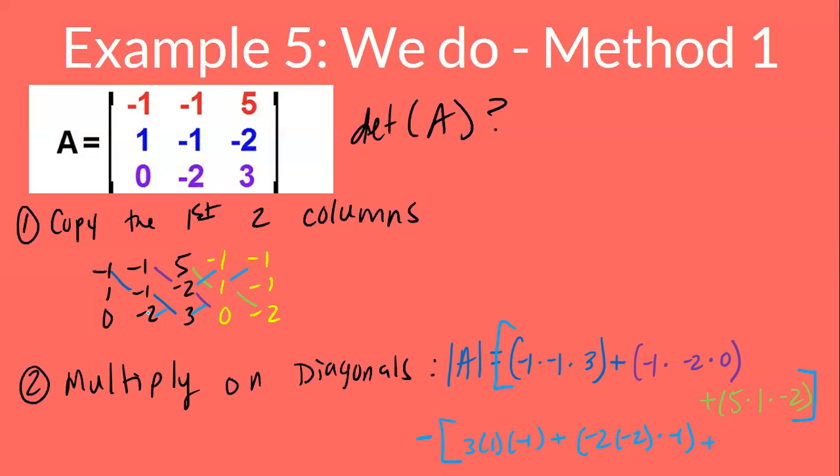And then our last diagonal going backwards, 0, -1, 5. And now you compute.